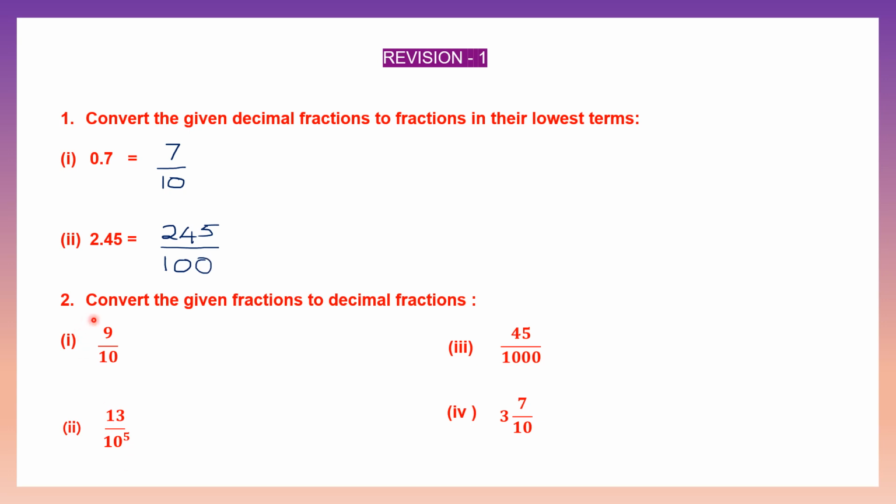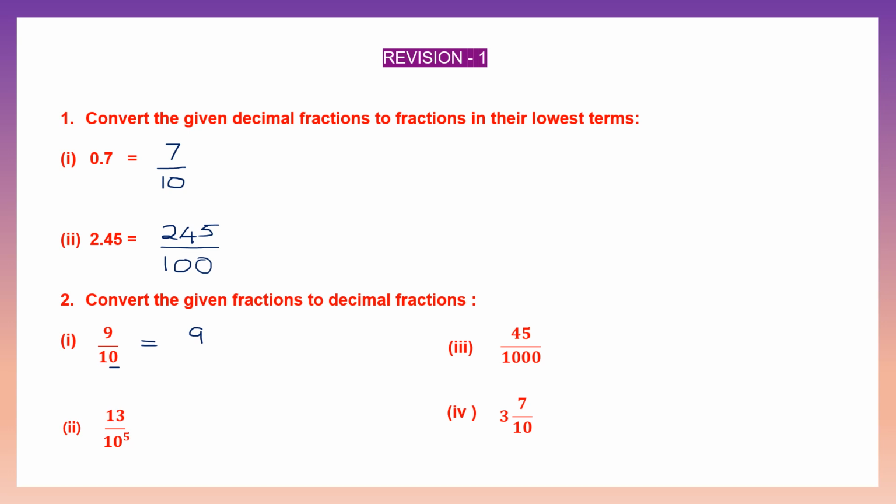Question 2. Convert the given fractions to decimal fractions. So now we've been given fractions and we make it a decimal fraction with a decimal point. So let's do that. What we do is we take the numerator and write it as a whole number. Now we look at the denominator, there's 1 0. That means we should have one decimal place. After the point, there should be one digit.